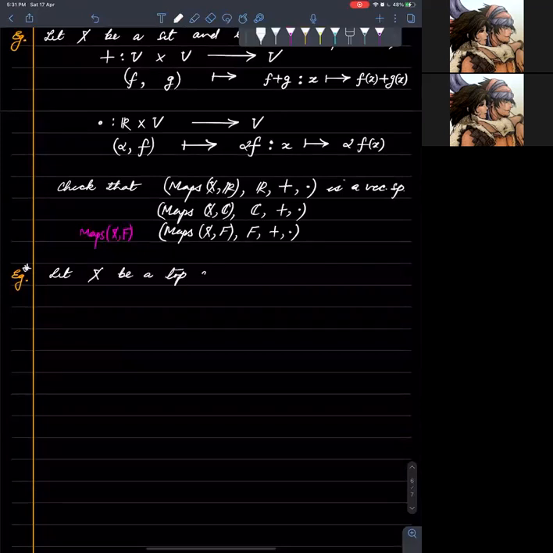Then let V be equal to C(X, R), the set of all the continuous functions from X to R.